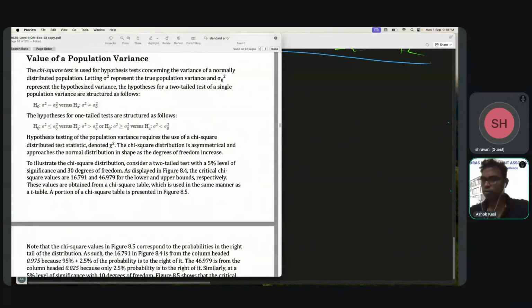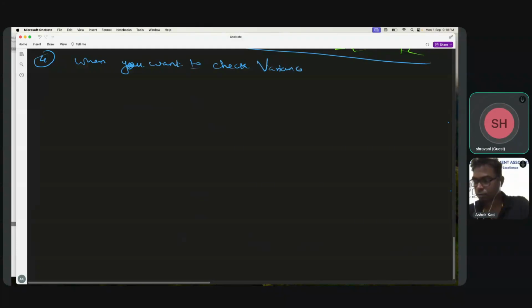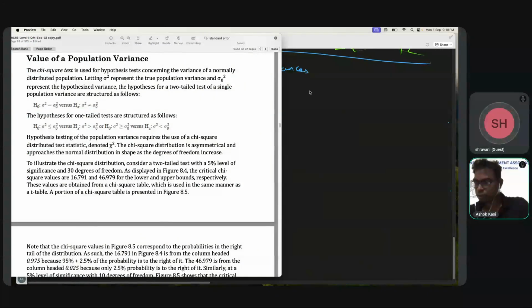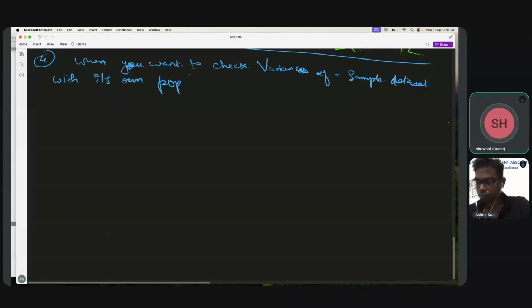Fourth is chi-square test. Now, when do we use chi-square test? When you want to check variance. Now we are jumping from mean to variance. When you want to check variance of your sample data set with its own population variance, so variance checking, then we will use chi-square test.